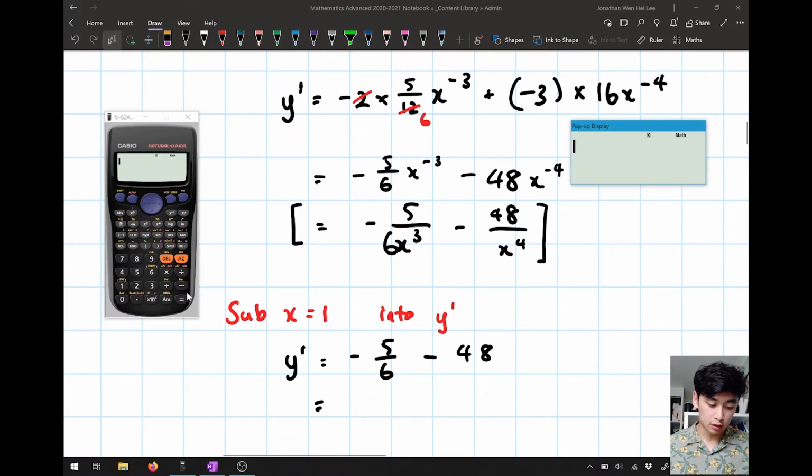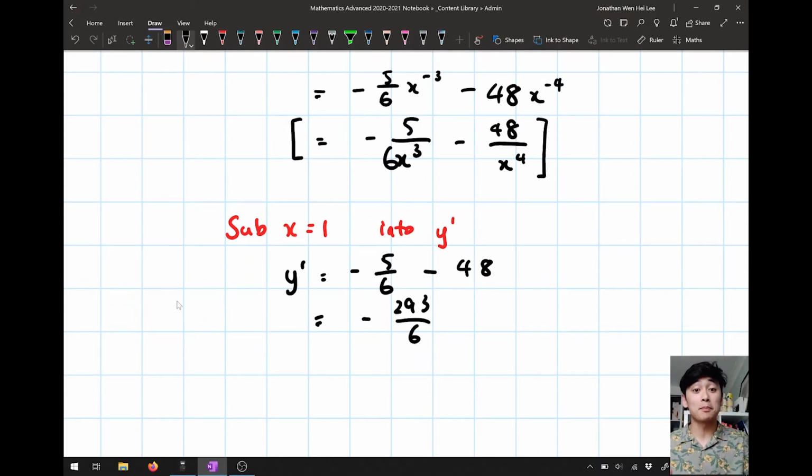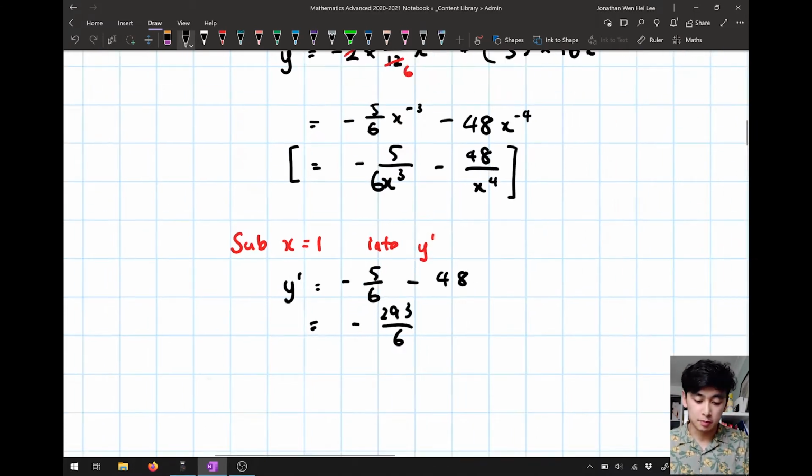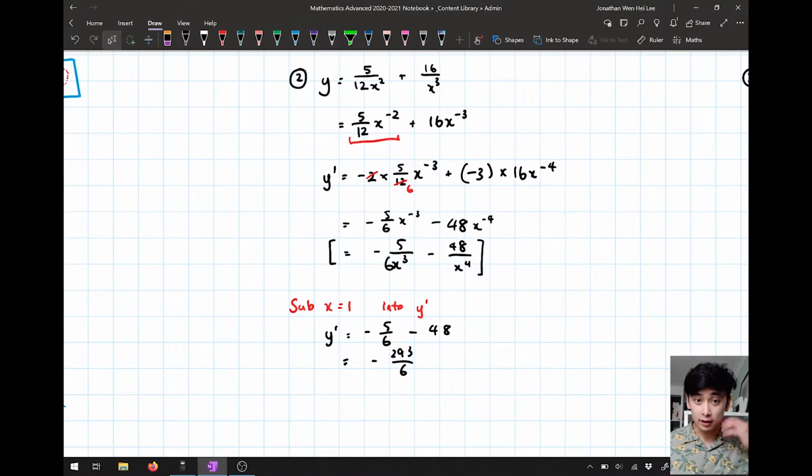Negative 5 over 6 minus 48, negative 293 over 6. So what that tells me is at that point when x is equal to 1, the gradient is negative 293 over 6. So with these questions, and any questions where you've got powers of x which aren't immediate to you, rewrite them as powers using your index laws if possible.